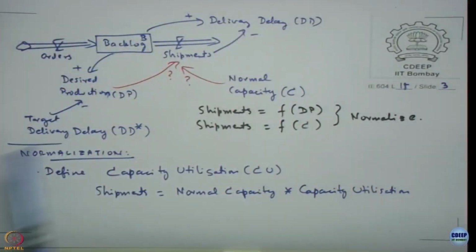So, that means what we are doing, we are actually comparing the desired production with the normal capacity. Since both are the same units, suppose you take a ratio of it, then we know as compared to the normal capacity what is my desired production, is it above that or below that, how much below or how much above, I can make the comparison, correct, and then relate that with my capacity utilization.